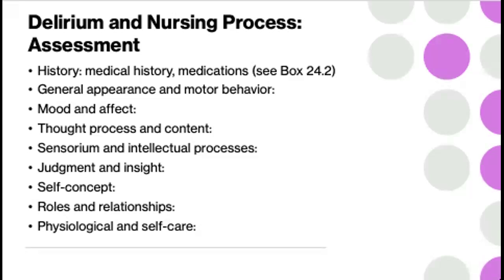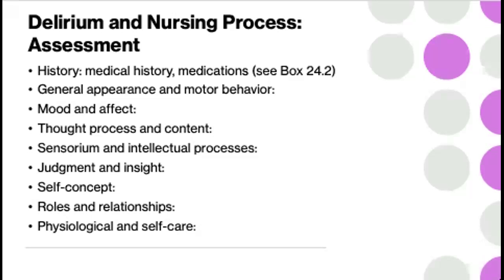And when you move the IV pole, they'll follow it and continue to talk to it. Impaired attention and memory, difficulty focusing or following instruction, disoriented to time and place, but they're usually oriented to themselves, and altered level of consciousness. Really, we have fluctuations in their level of consciousness throughout the day.